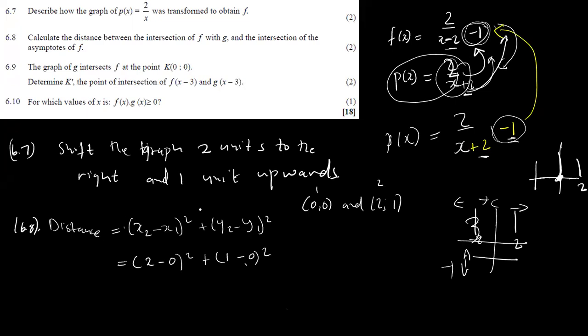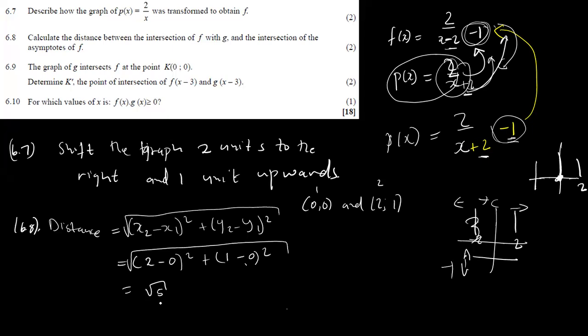Let's not forget this and this. And therefore, let's see how much we are going to have. 4 plus 1 is going to be 5. We're going to have root of 5, right? So that's the distance between the two points.